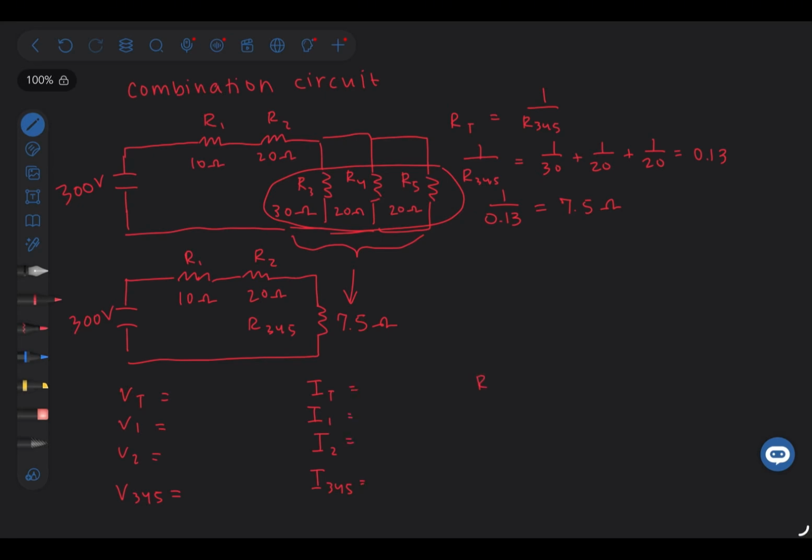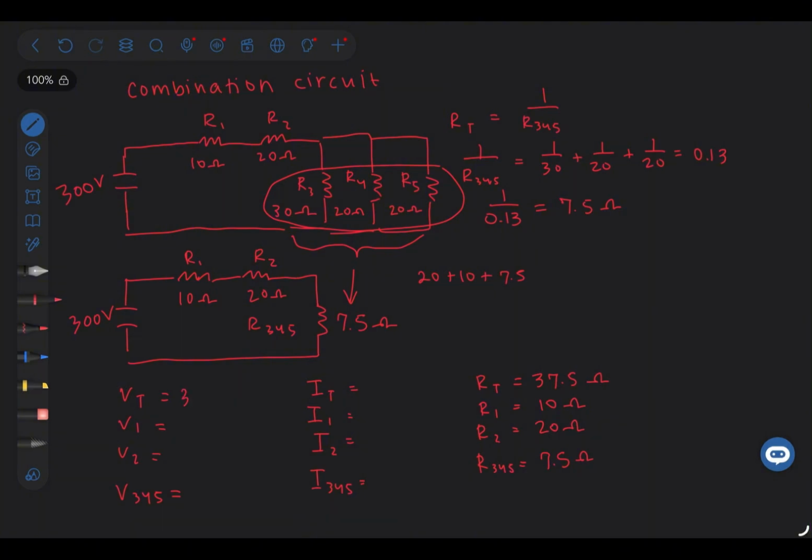And we already know the resistance. If we add 20 plus 10 plus 7.5, we will find out that the total resistance is 37.5. R1 is 10, R2 is 20, and R3, 4, 5 is 7.5.